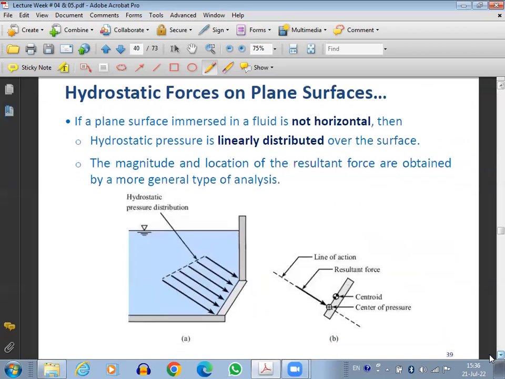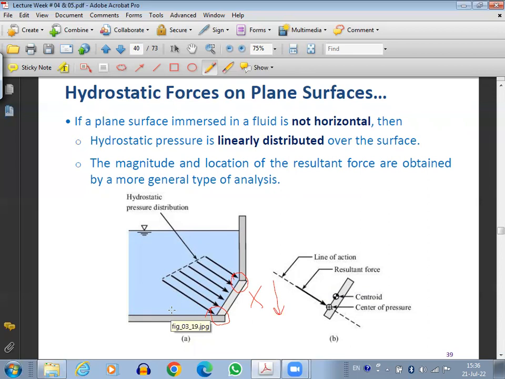So, hydrostatic forces on plane surfaces. If the plane surface immersed in a fluid is not horizontal, then the hydrostatic pressure is linearly distributed over the surface. Okay, then it is not uniform. The force due to pressure at this point will not be the same as the force due to pressure at this point, because this point is at a lower elevation, which means the pressure will be higher.